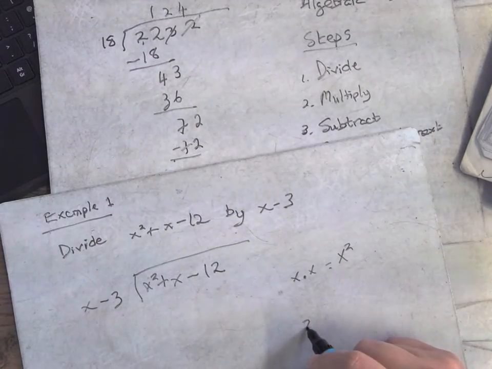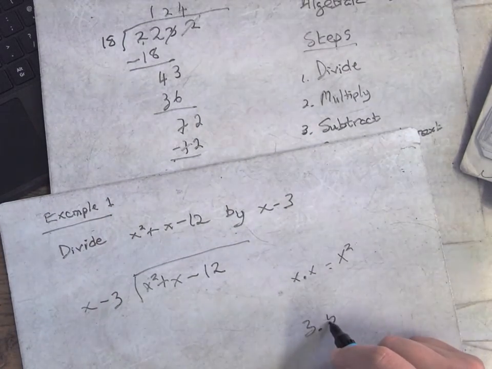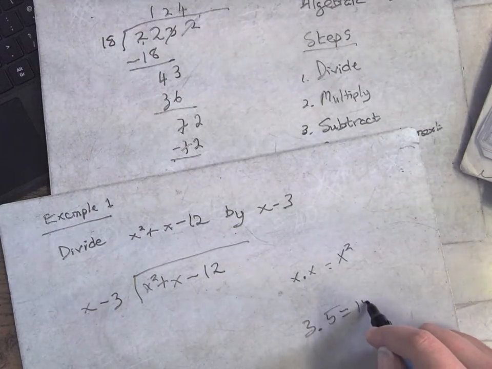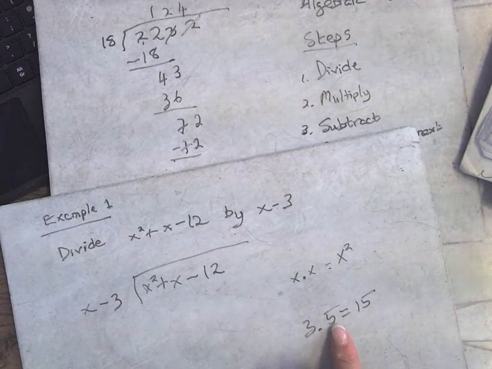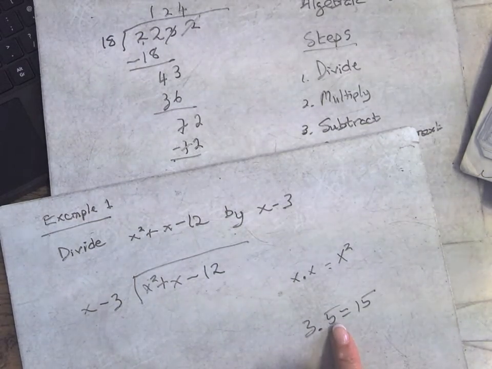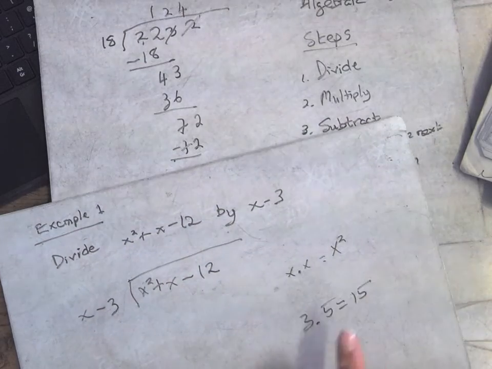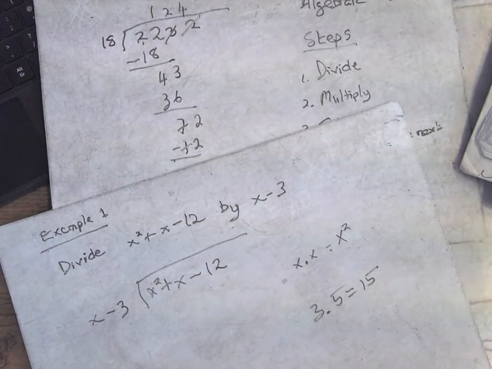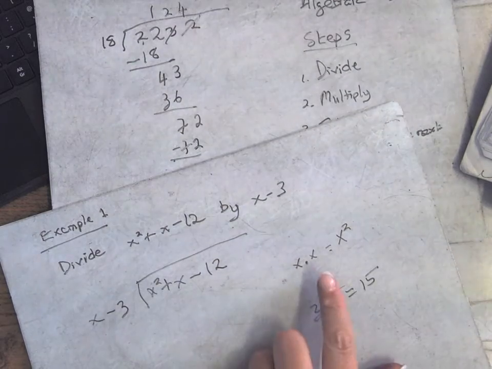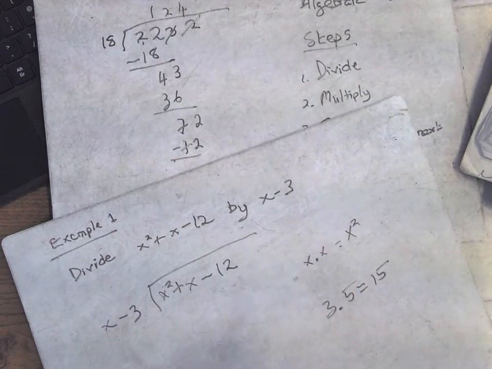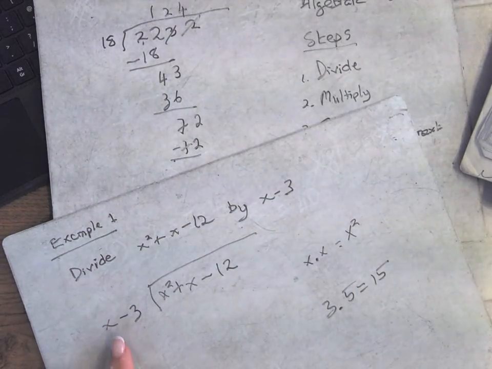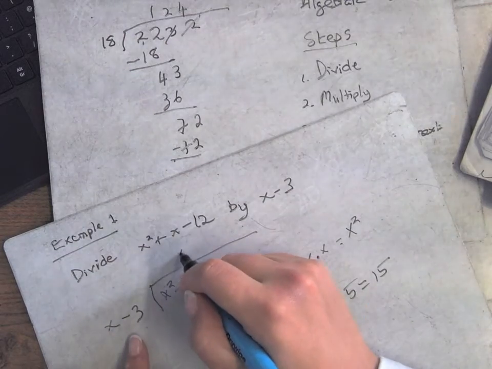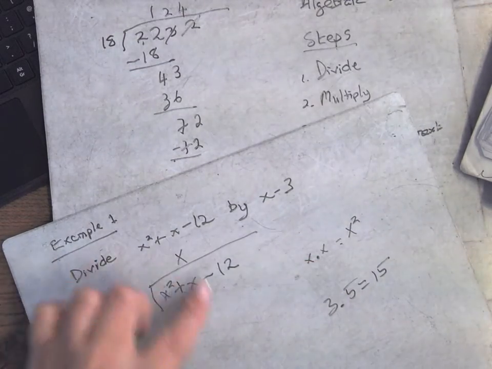Look, if 3 multiplied by 5 will give me 15, wouldn't it? So what's 15 divided by 5? 3. What's 15 divided by 3? So what's x squared divided by x? X, isn't it? Okay, so put the x up here over the x's.